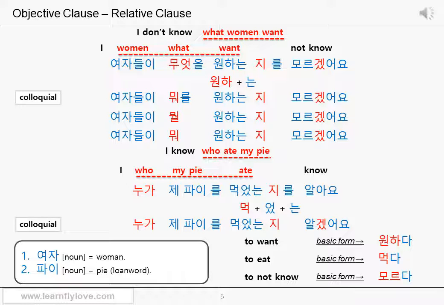Then let's get rid of the object particle 를 from 지 sound and add 겠 sound to the main verb know and see how it sounds. 누가 제 파이를 먹었는지 알겠어요. Because of the nuance of providing an opinion and ability and asking for something neutrally that 겠 sound has, the sentence sounds like you've just found out who ate your pie and provide your opinion in a modest manner.